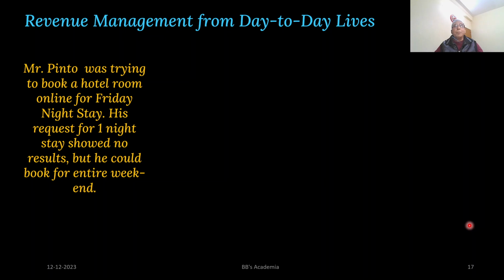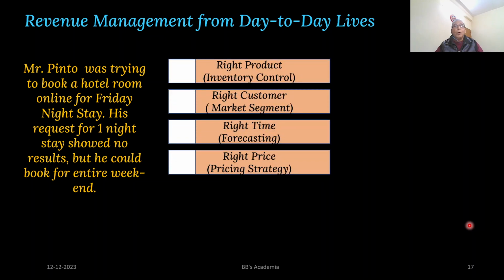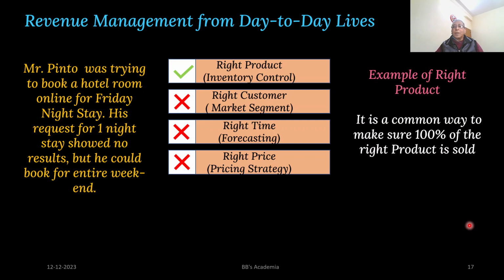What kind of example is this? Is it the right product, right customer, right time, or right price? Right product. Example of right product. It is a common way to make sure 100% of the right product is sold.